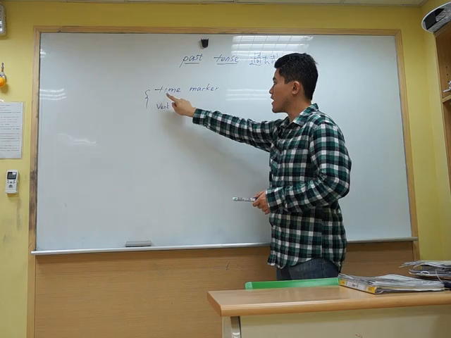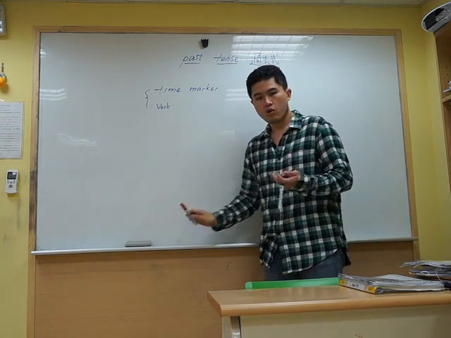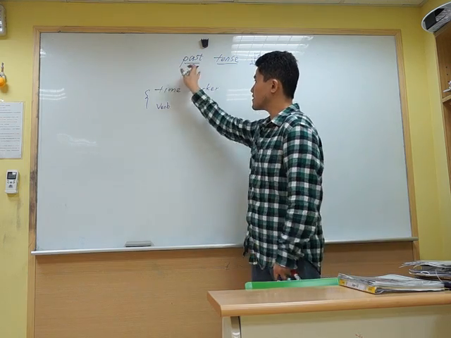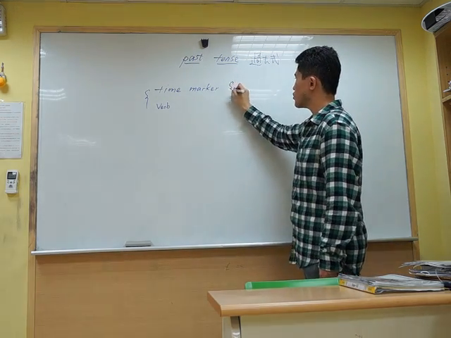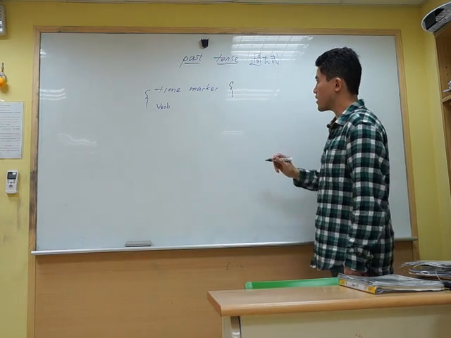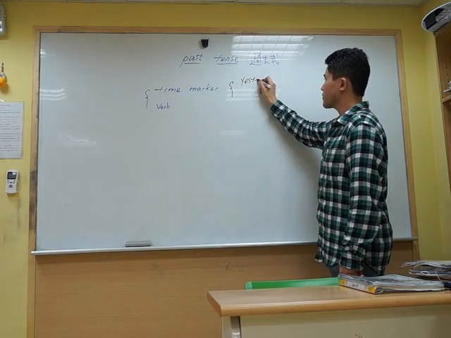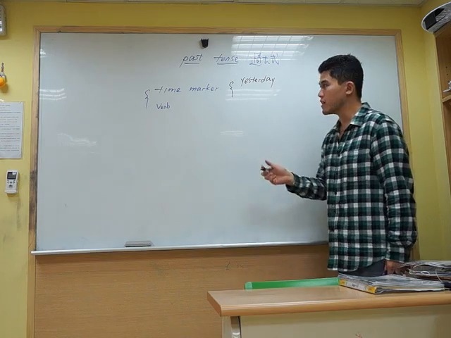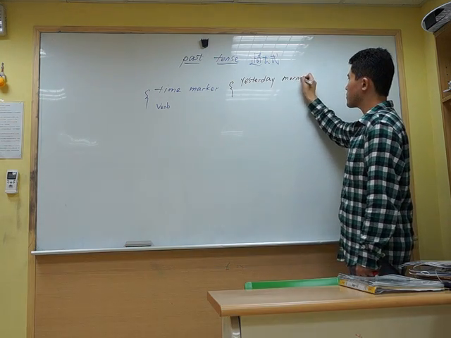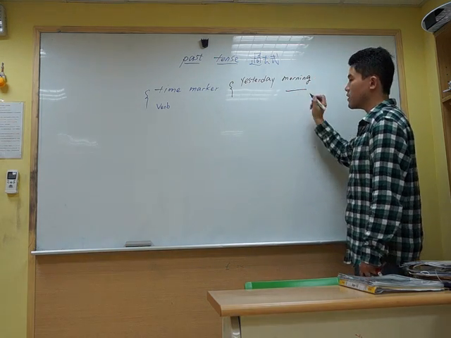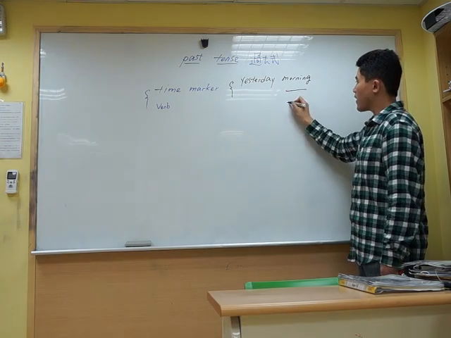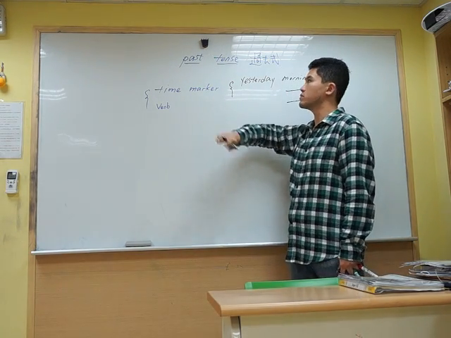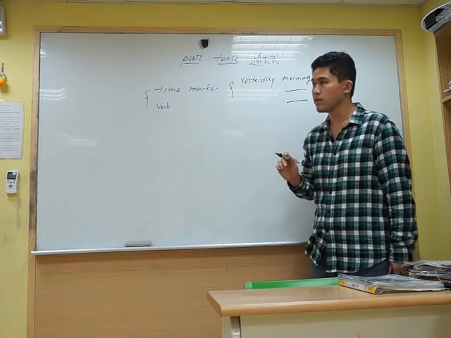For the past tense time markers, what do we use to talk about the past tense? Well, you can use time markers like yesterday. Everything that happens yesterday, like yesterday morning, yesterday evening, yesterday afternoon, they are all in the past. Therefore, we use the past tense to talk about them.